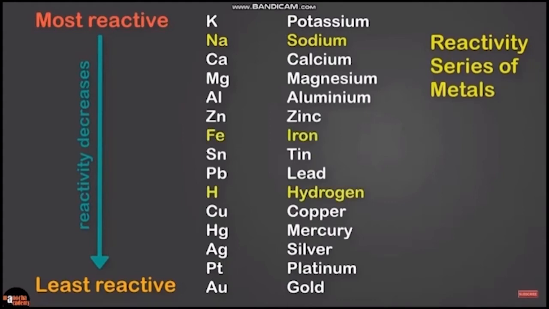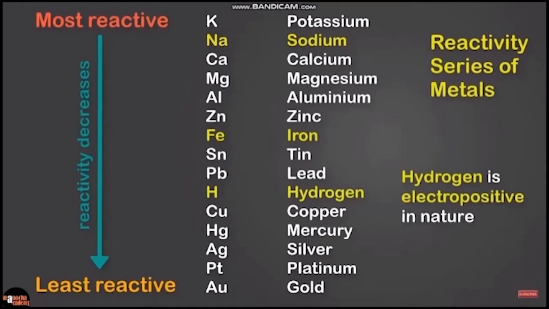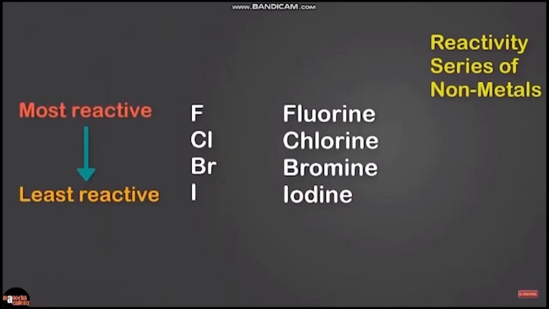Hydrogen is also in this list, even though it's a non-metal, because it's electropositive in nature and can be displaced by metals. There is also a reactivity series for non-metals, the halogens. This is what the simple reactivity series for important halogens looks like. Fluorine is the most reactive and iodine is the least reactive.